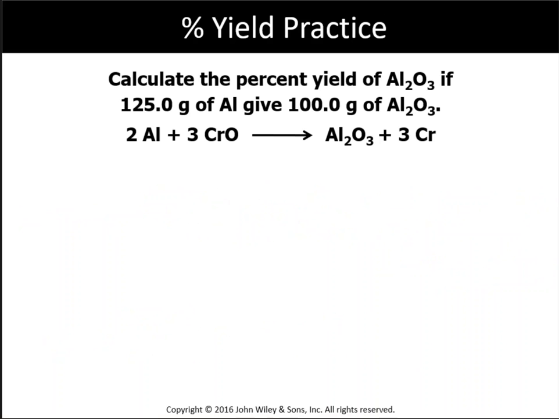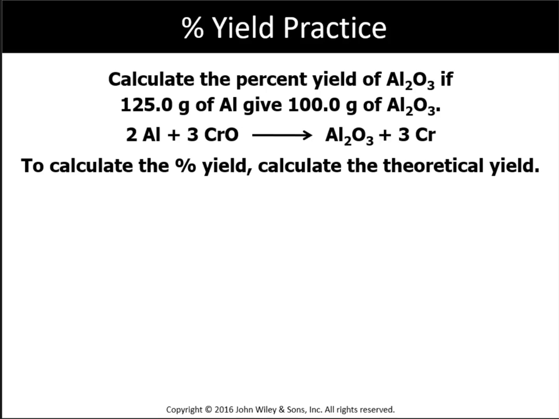So let's look at another example. You want to calculate the percent yield of aluminum oxide if 125 grams of aluminum gives 100 grams of aluminum oxide. So the initial quantity of aluminum used is 125 grams. The amount of aluminum oxide that was recovered was 100 grams, but you want to know what the percent yield is.